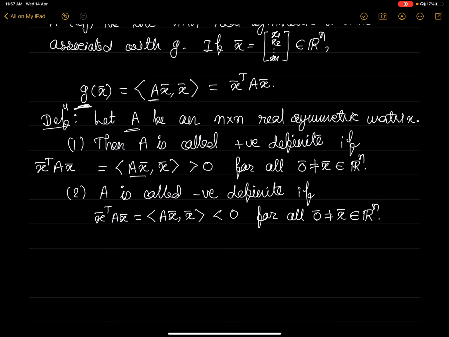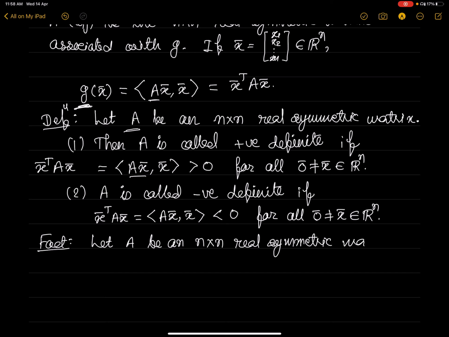Okay, and I am writing the following fact that must probably be known to you. Let A be an n cross n real symmetric matrix. Then the following statements hold.